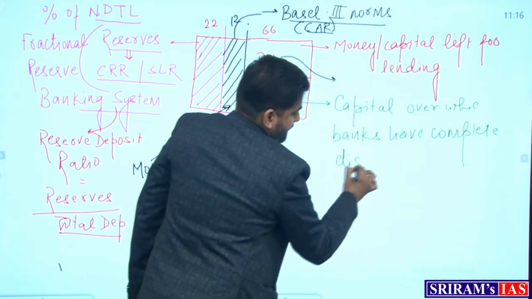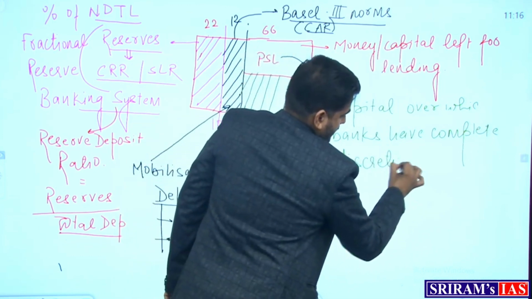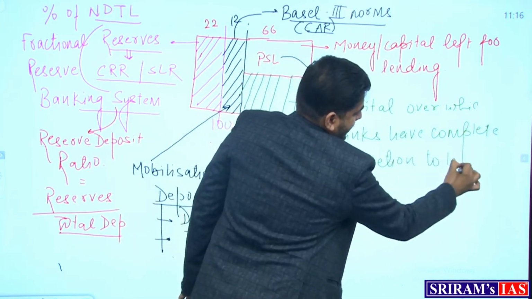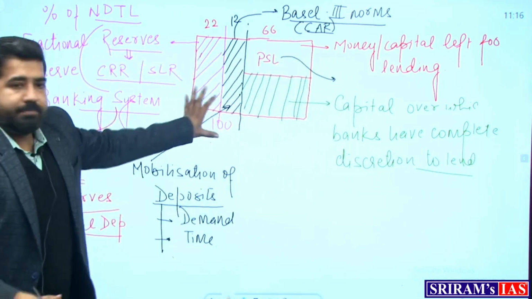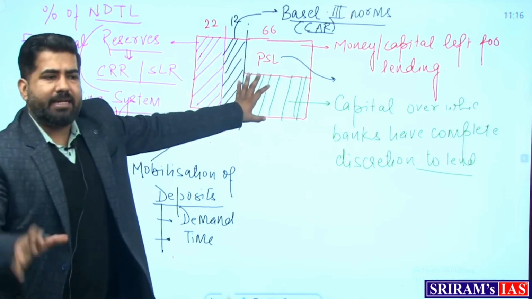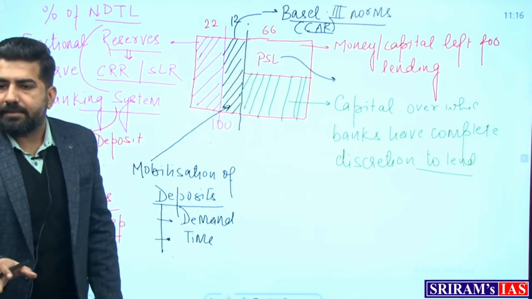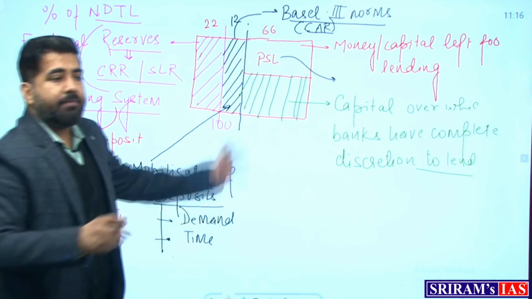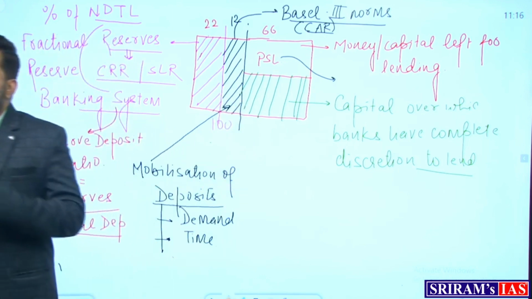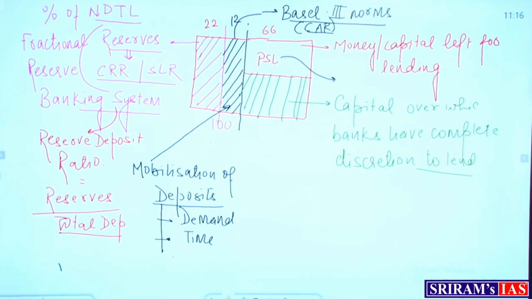It will automatically come out that if 100 rupees is earned by the bank, it will be only 30-35 rupees. That's it. So banks ultimately have only 30 to 35 rupees of capital over which they have complete discretion to lend.